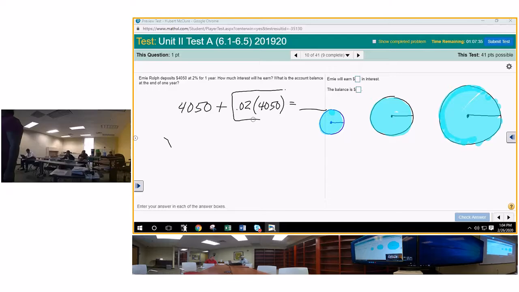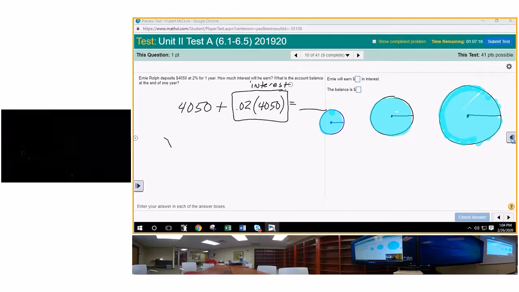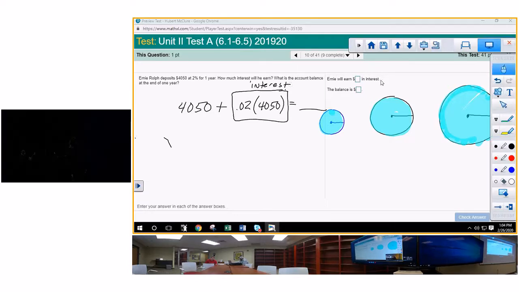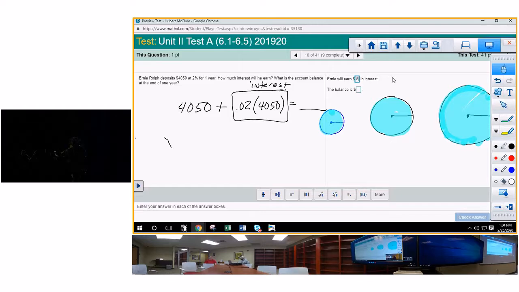So somebody tell me what this is, since they're asking for both. Tell me what the Muppet's going to earn. $81 even? Yep. Okay, so the Muppet got $81, and that's going to be what? 41.31? What is it? 41.31. I had to use my calculator, I'm sorry. Next.